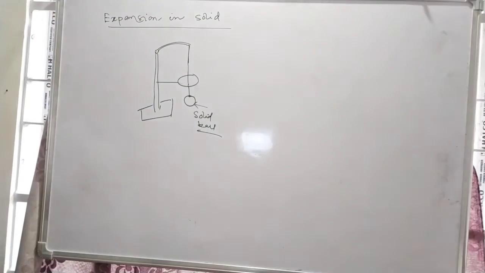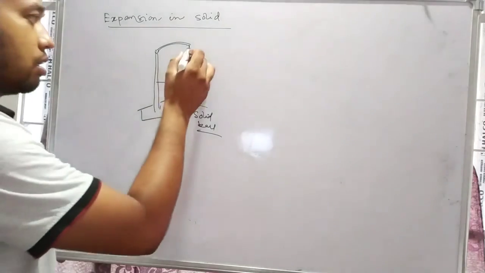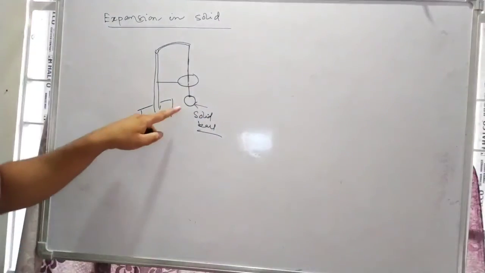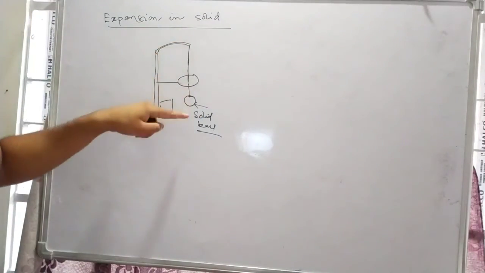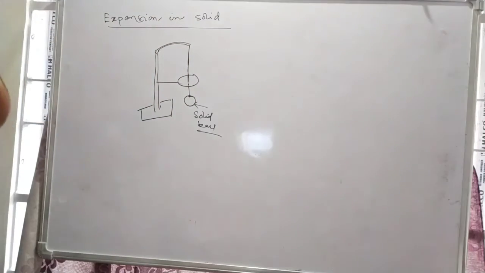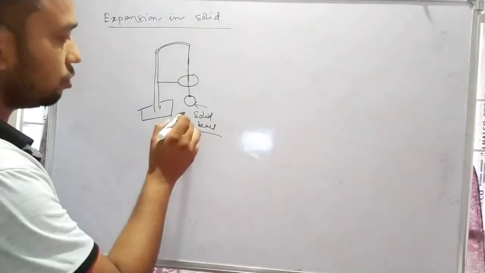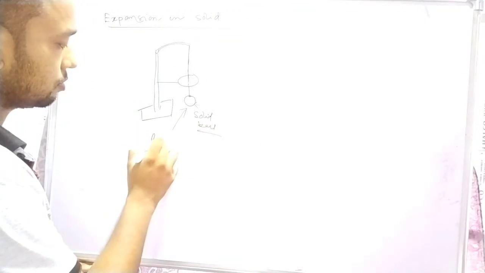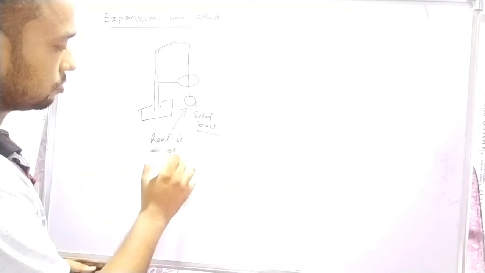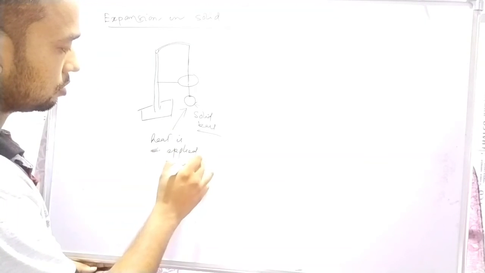It may be made of any material, and it is tied to a string. This ball can freely move through this ring. Okay, we can move it up and down through this ring. After that, we will apply heat here. Heat is applied.